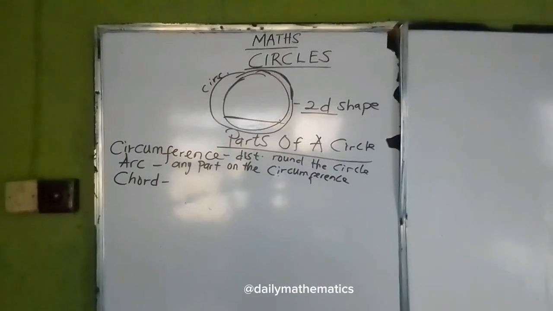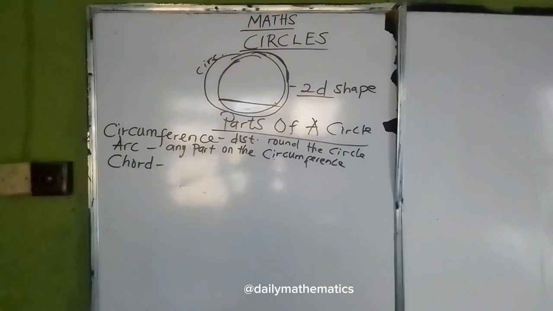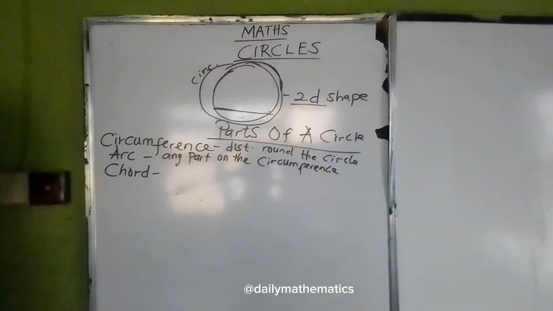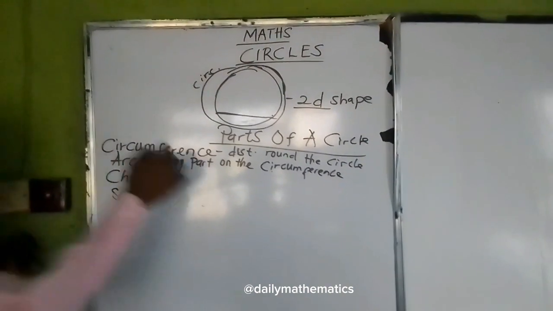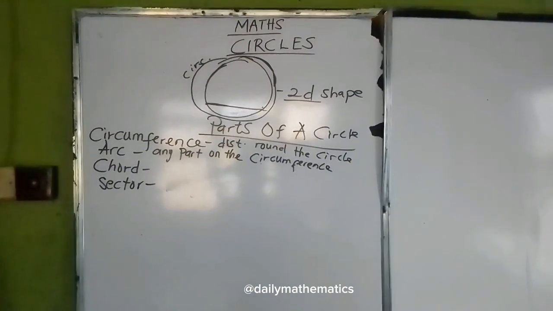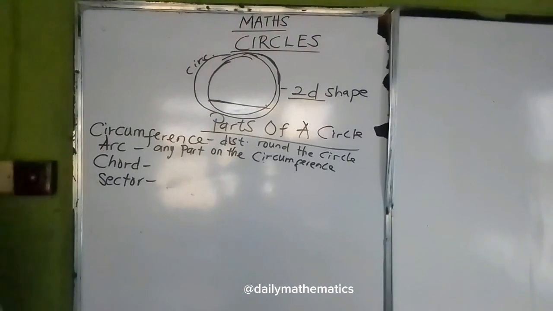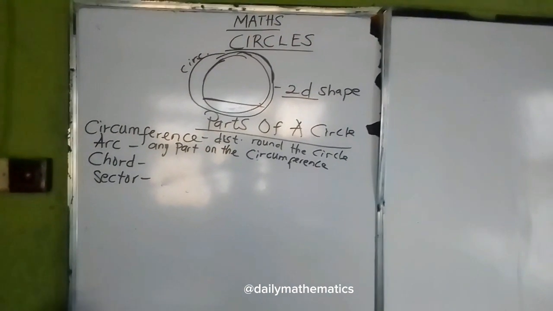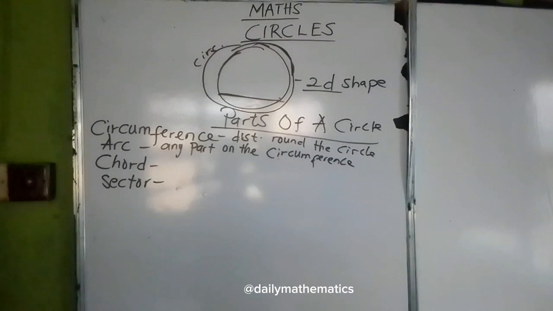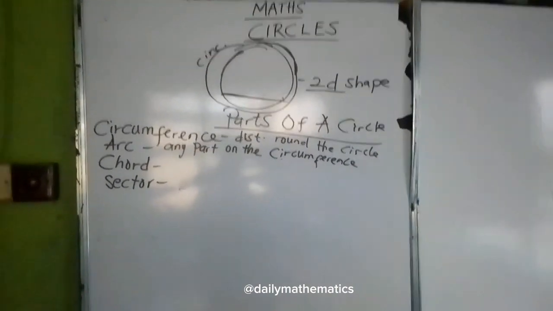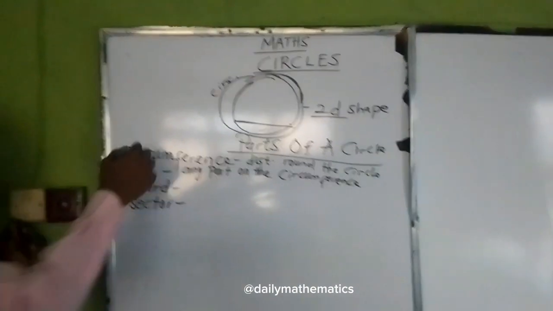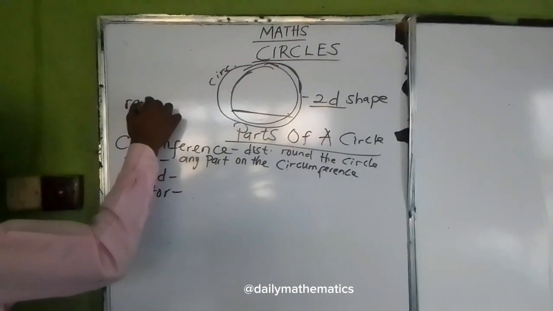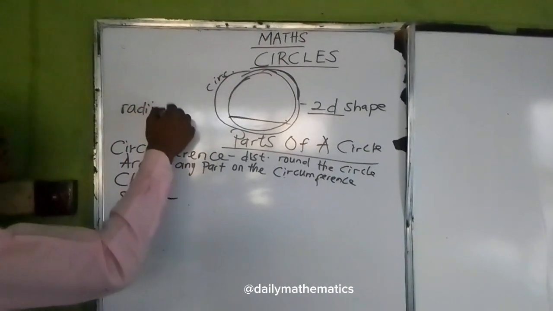The next one we're going to have is the sector of a circle. What is a sector? It is the area bounded by two radii and an arc. Radii is the plural form of radius.